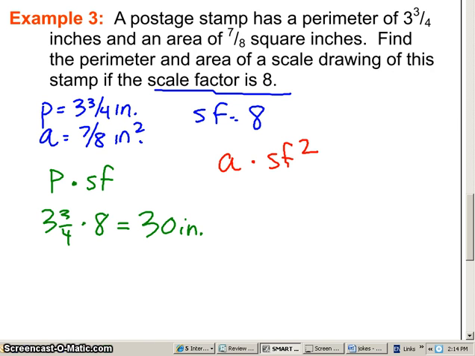So we start with our area, which we know is 7/8, multiplied by scale factor squared. So that's 8 squared, which is what? 64. 8 times 8. Multiply it, and you should get, on your calculator, 56. What are our units of our original area? Square inches. And you are done.